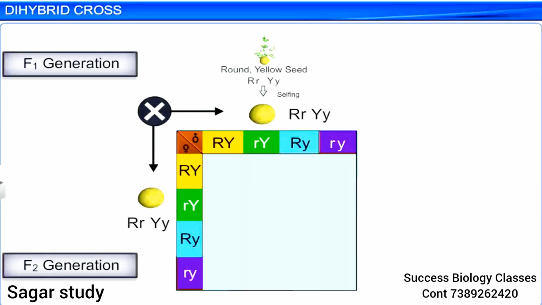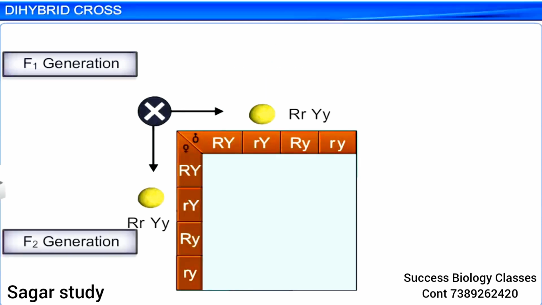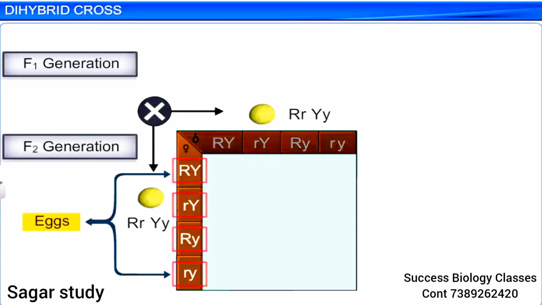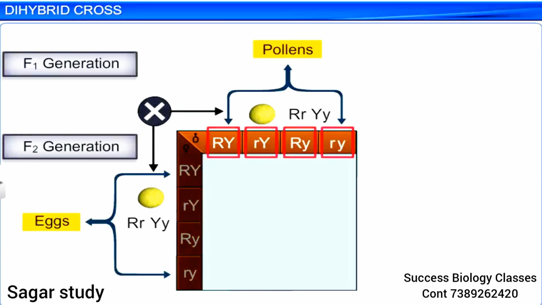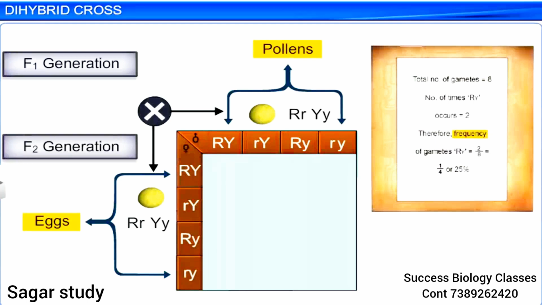Therefore, the genotypes of the gametes are of four types, namely RY, Ry, rY, and ry. In other words, there are four types of eggs and four types of pollen. And as you can see, the frequency of these gametes is 25% or 1/4 of the total number of gametes produced.